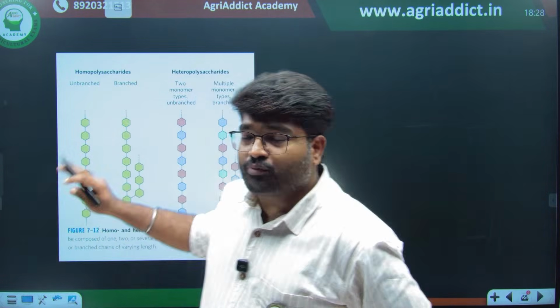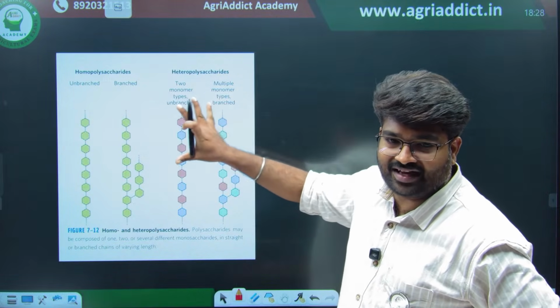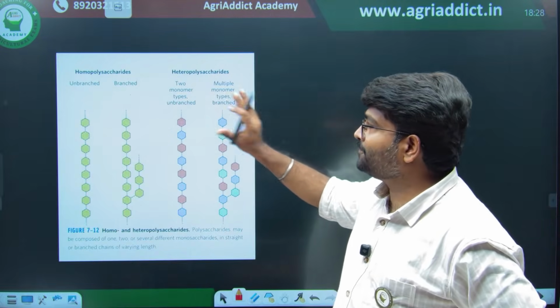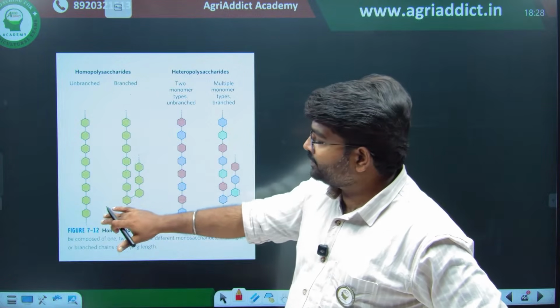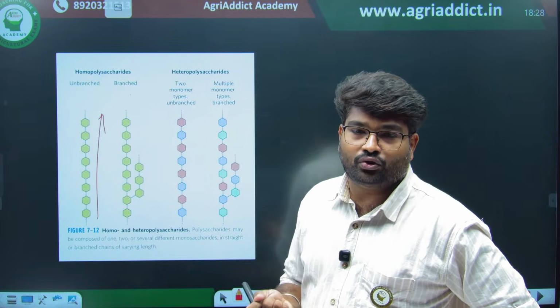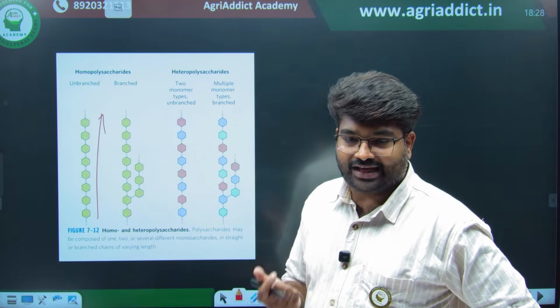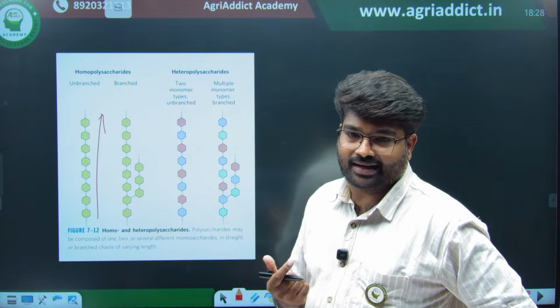These polysaccharides are further classified into 2 types. This is very important. They can be classified into homopolysaccharides and heteropolysaccharides. Homopolysaccharide means the sugar molecule is the same. For example, in glycogen, n molecules of glucose are repeated.